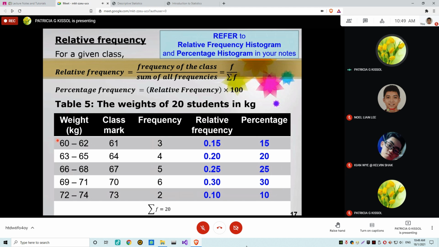Again, let me repeat, at this moment it is unsure whether you'll be asked to draw the histogram as part of your assessment, because in other statistical subjects, drawing of graphs is not encouraged since we're still doing classes online.